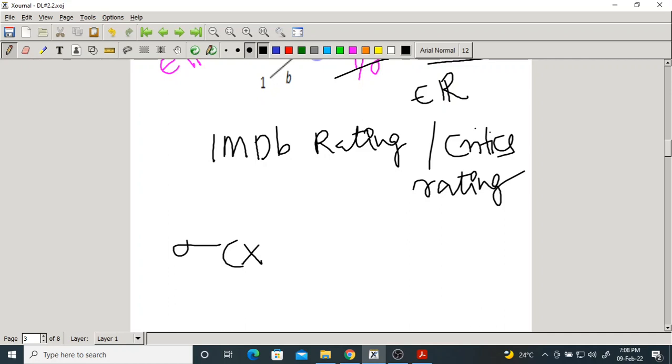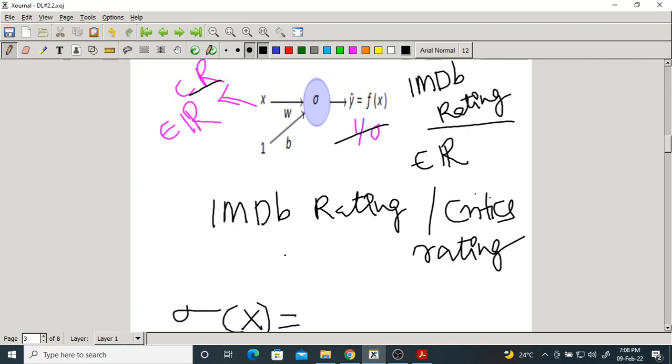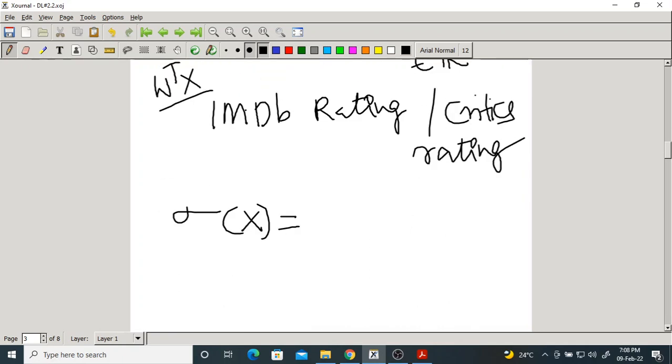Now what is the function here? Since there is only one input and one w, w transpose x becomes w and x only: one value, one input, one weight. Now everything becomes 1 by 1 plus e power minus (wx plus b).